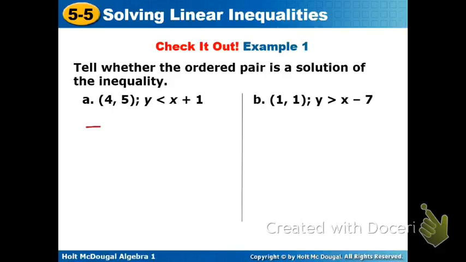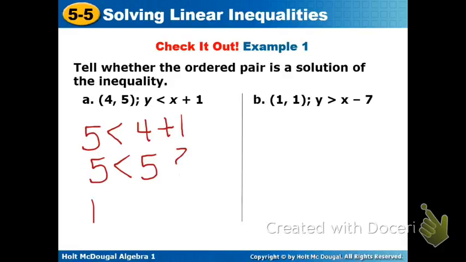Y, which is 5, is that less than my x plus 1? Well, 4 plus 1 is 5, but is 5 less than 5? No. The only way that one would hold true is if that was a less than or equal to. But on this one, it's not. So that is not a solution to that inequality.